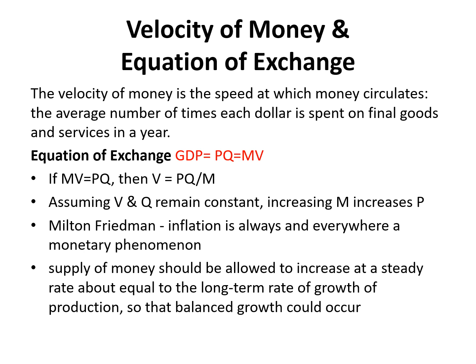The final piece of this presentation involves introducing the velocity of money and the equation of exchange to explain the monetarist position. The velocity of money is simply the speed at which money circulates, the average number of times each dollar is spent on final goods and services in a year. Gross domestic product equals the quantity of goods and services produced annually multiplied by the price of those goods and services.